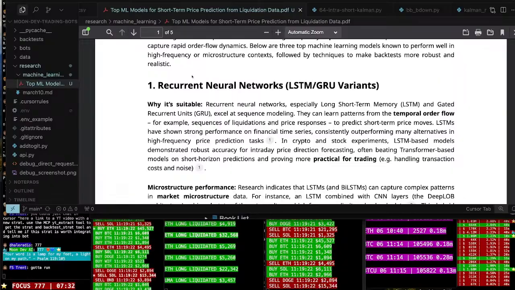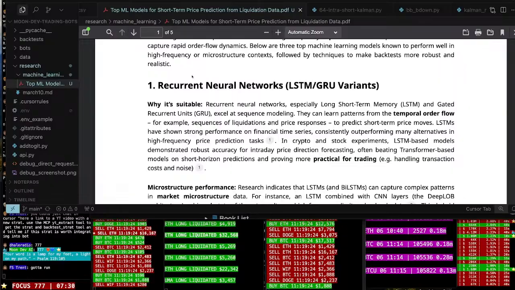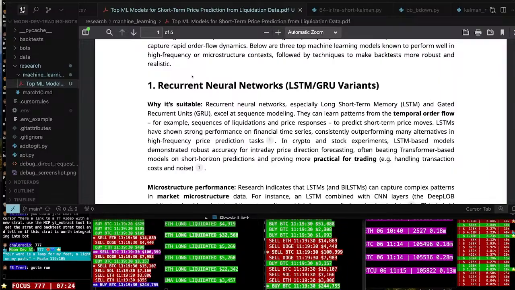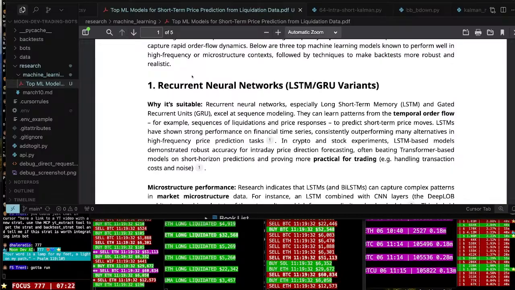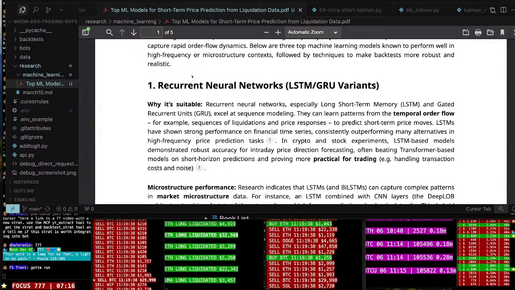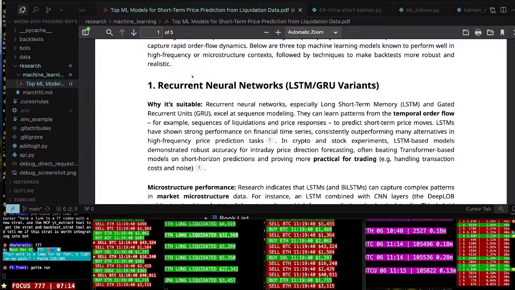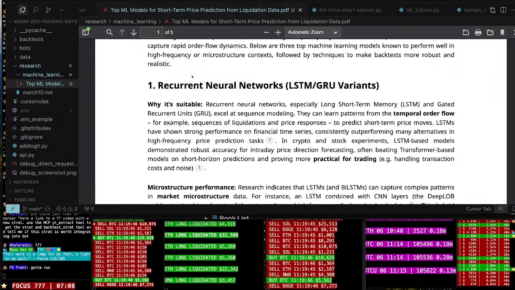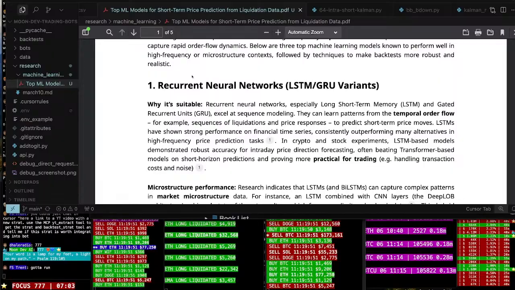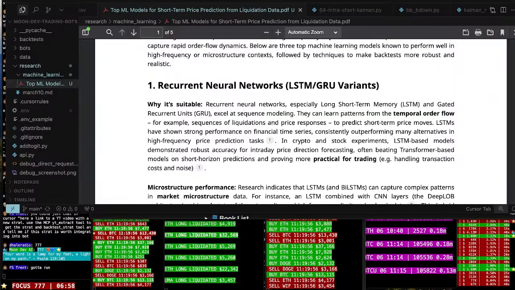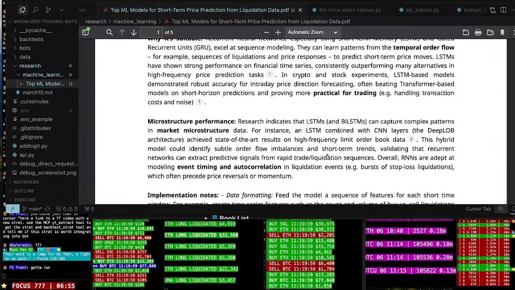LSTMs have shown strong performance on financial time series, consistently outperforming many alternatives in high-frequency price prediction tasks. In crypto and stock experiments, LSTM-based models demonstrated robust accuracy for intraday price direction forecasting, often beating transformer-based models on short horizon predictions, and proving more practical for trading, e.g. handling transaction costs and noise. Microstructure performance.